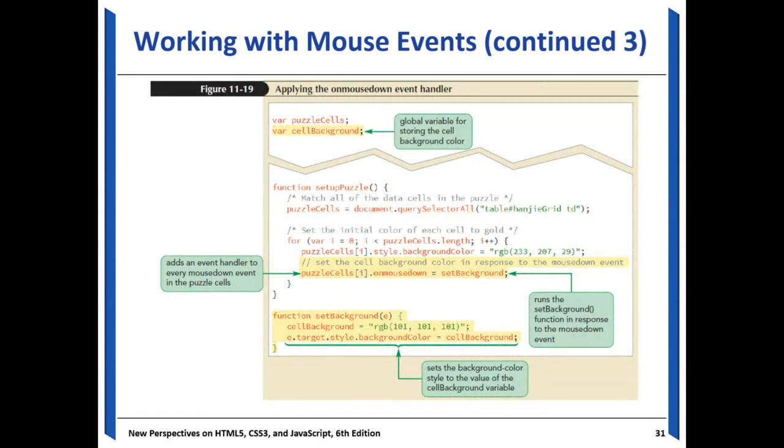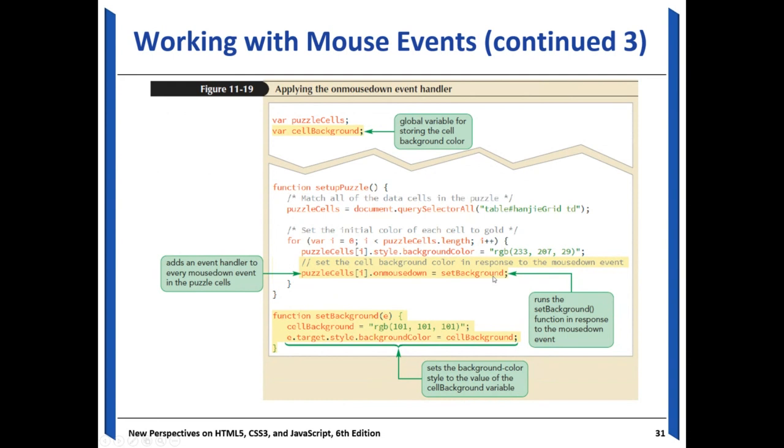So in figure 11-19, we're looking at applying the onmousedown event handler. We have the variable cellBackground, a global variable for storing the cell background color. We're adding an event handler to every mousedown event. On the puzzle cells for onmousedown, we're going to set the background.